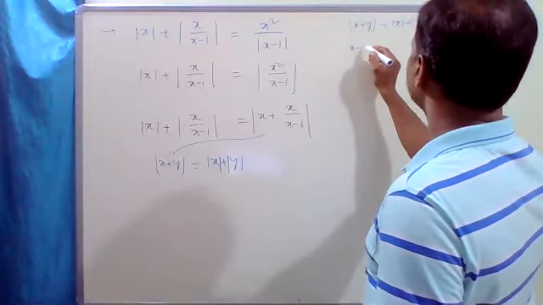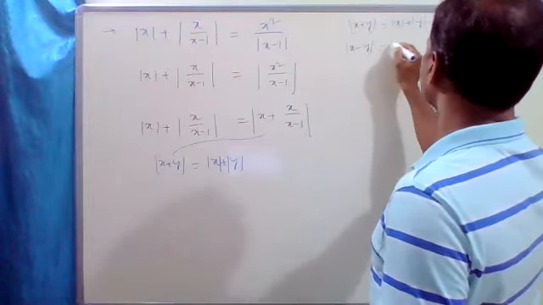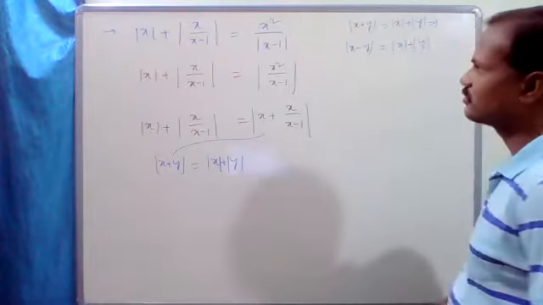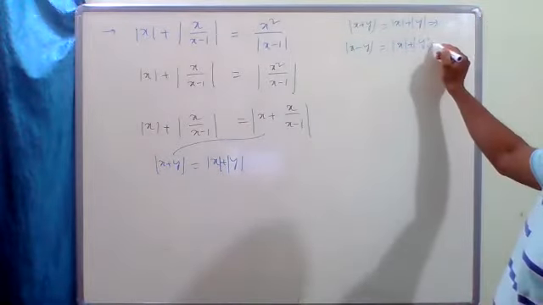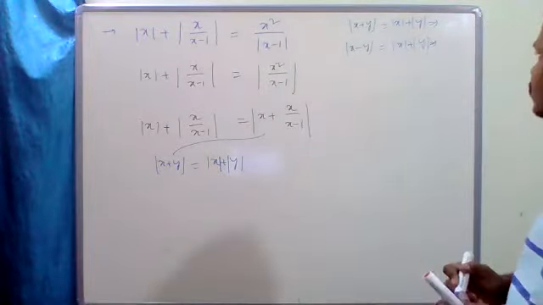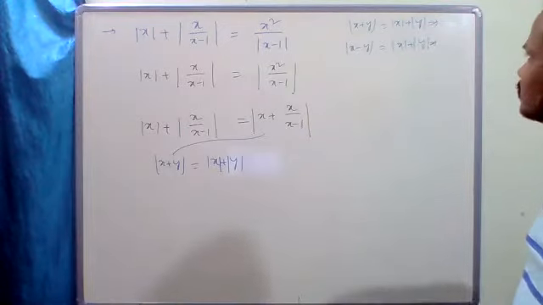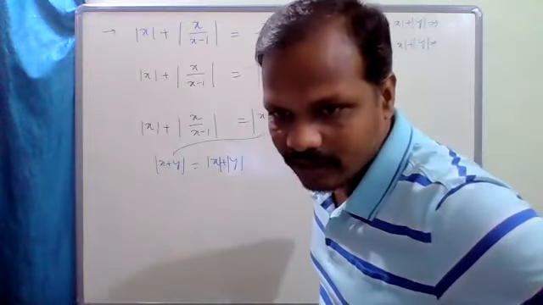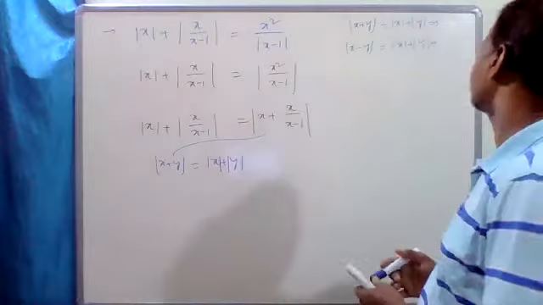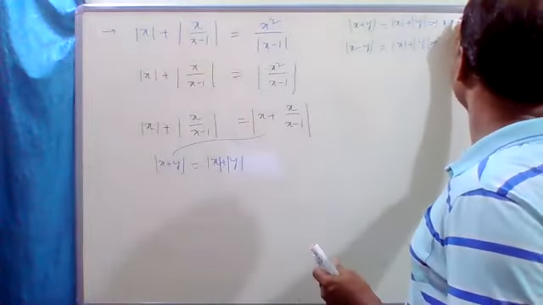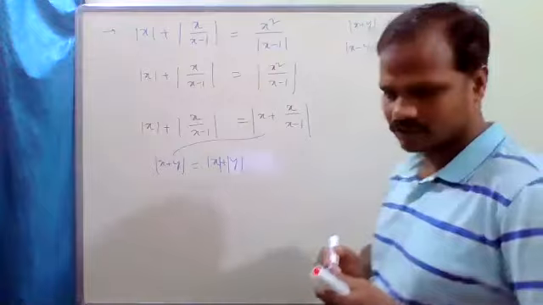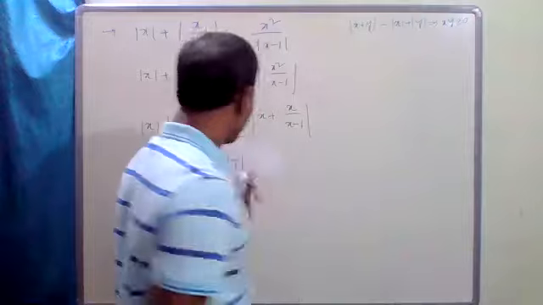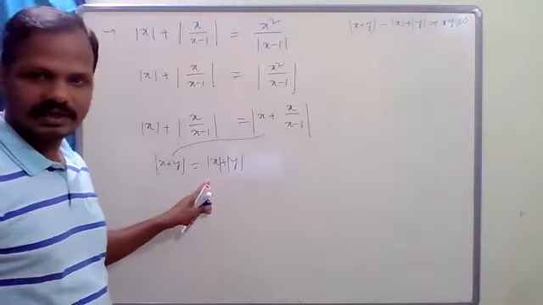Similarly, mod x minus y is equal to mod x plus mod y. Yeah, xy greater than or equal to 0. So that condition you have to apply, and this relation satisfies this condition.